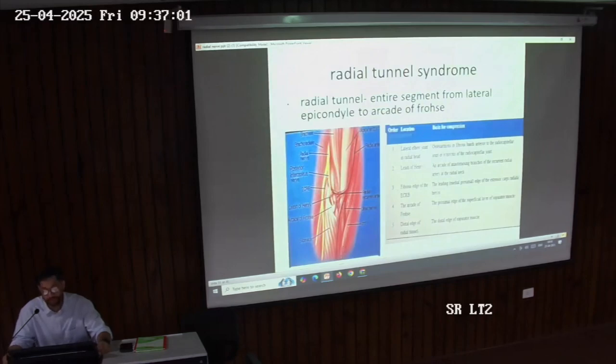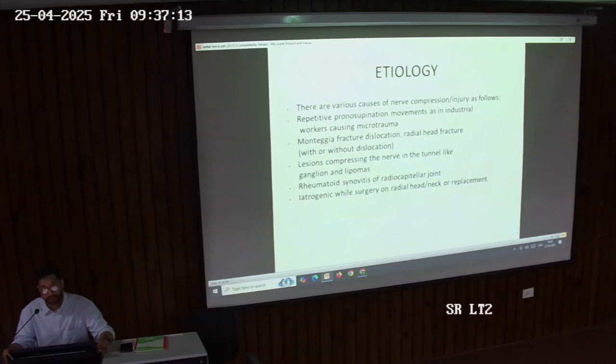The second complication here is radial tunnel syndrome. In the radial tunnel, the region from the lateral epicondyle to the arcade of Frohse is affected, mainly because of compression. This can cause nerve compression in Monteggia fractures and radial head fractures.